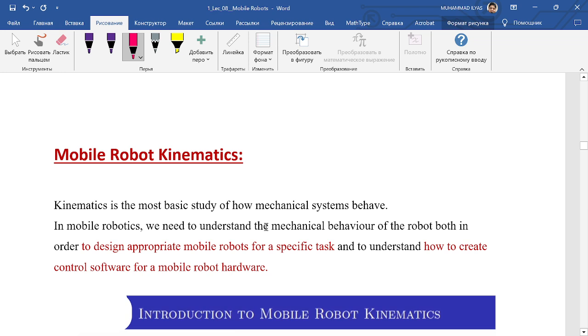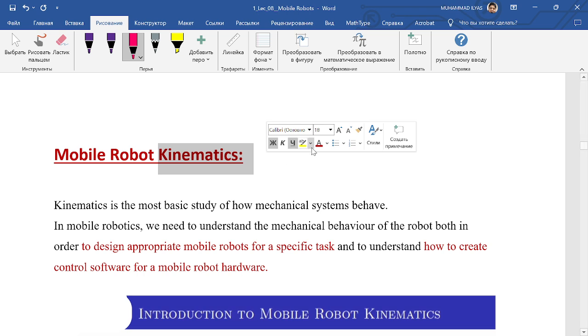So let's talk about the kinematics of mobile robots. We also studied this for our 2D manipulators, right? You remember that we studied the forward kinematics, inverse kinematics, and then forward differential kinematics and inverse differential kinematics for 2D manipulators.